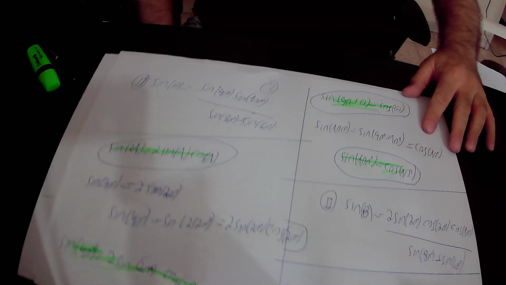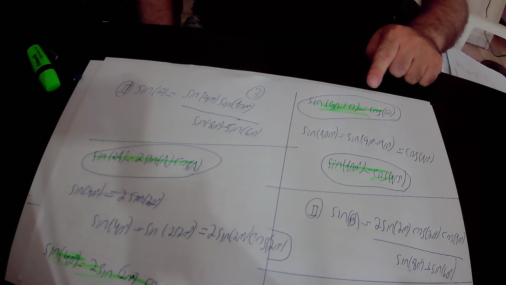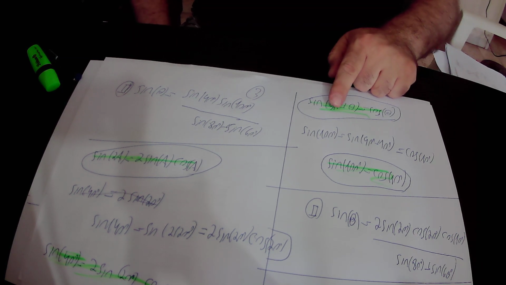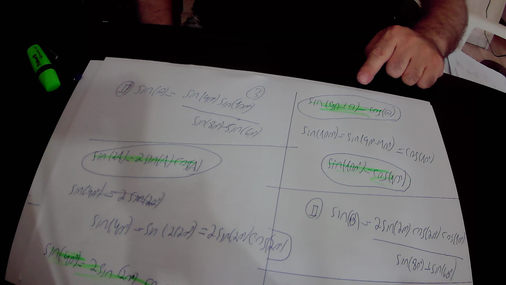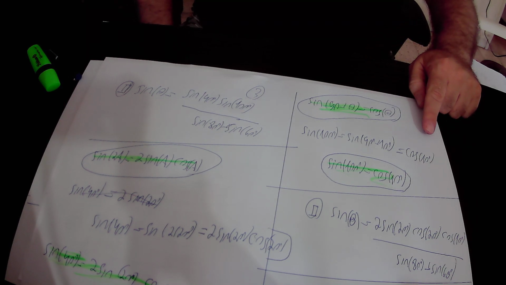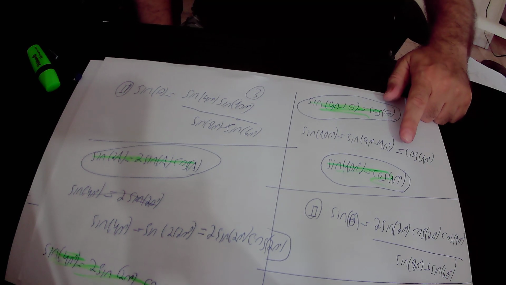Then we use the trigonometric identity that sin (90 degrees plus theta) equals cos theta for sin 100 degrees. Sin 100 degrees equals sin (90 degrees plus 10 degrees), which equals cos 10 degrees.